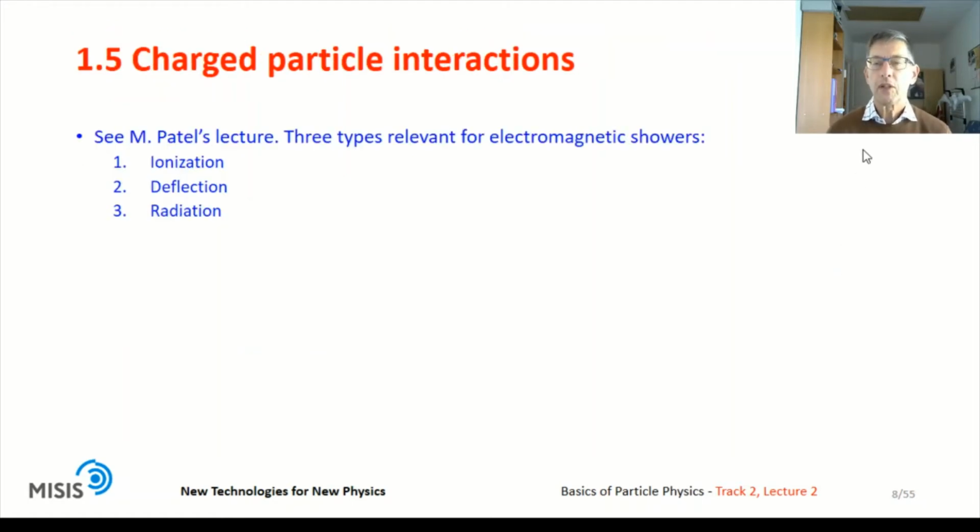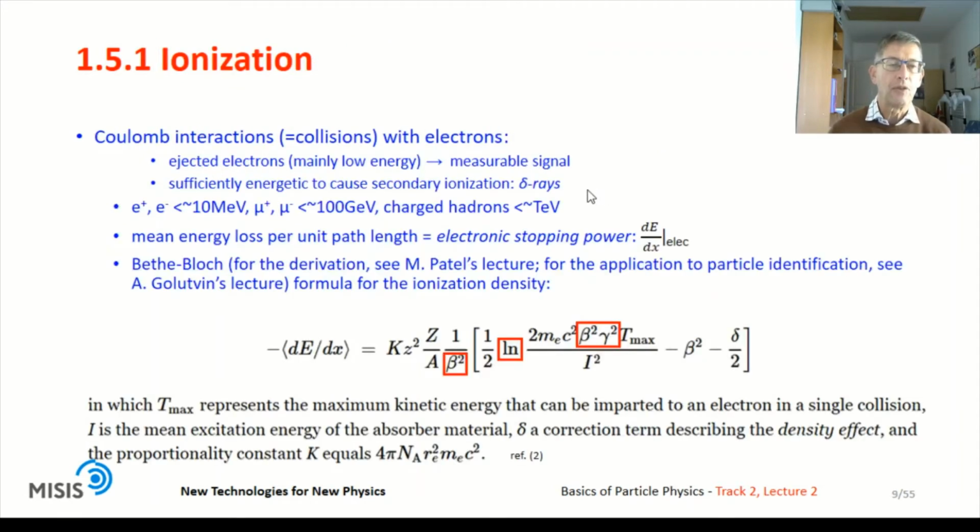Now we come to the charged particle interactions. You've had that in the previous lecture. There are 3 types important for the development of showers: ionization, deflection, and radiation. Ionization happens when the electron hits an electron in the outer shell of an atom, and most of the time when this happens, the electron gets ejected with a very low energy.